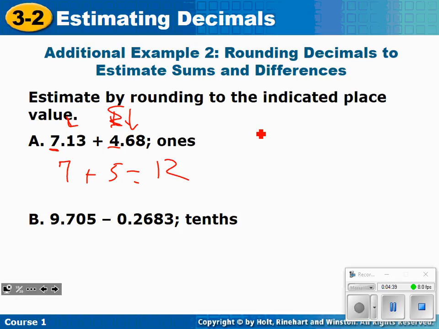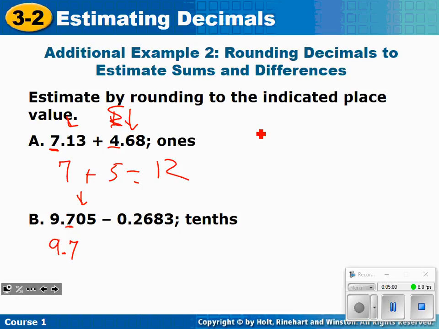Now, the B, we want to round to the tenths place. What number is in the tenths place? The 9, the 7, the 0, or the 5? The 7. So we look at the number to the right. Is that 7 going to go up or stay the same? It's going to stay the same. So we're going to have 9.7.